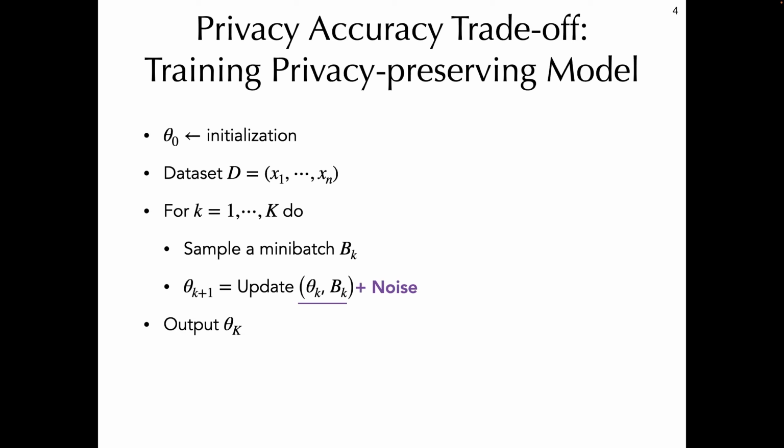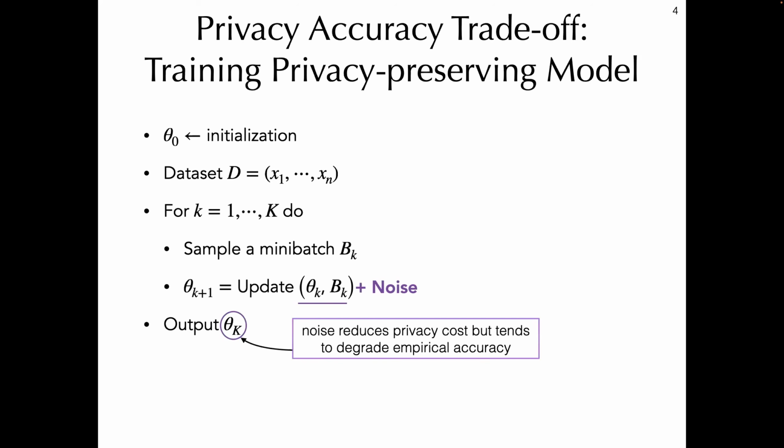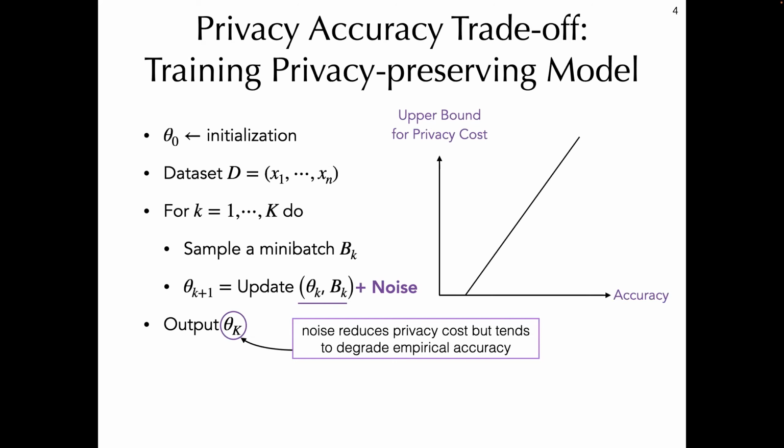Although this noise reduces privacy cost, it also tends to degrade the empirical accuracy of the final trained model. As a result, we often see this kind of trade-off in differentially private learning, where at smaller privacy cost, the accuracy of the trained model tends to be worse.